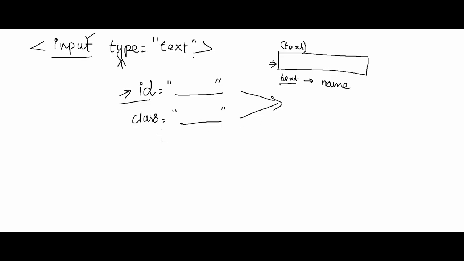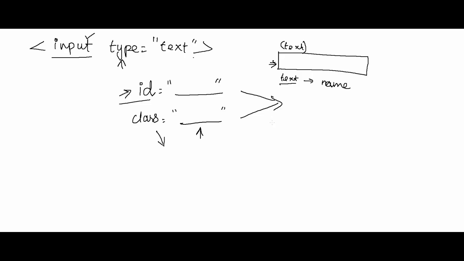A class name I can use for any other input elements, or any other elements. As we have seen in some languages, we create a class and then create objects, and we can use class objects n number of times.